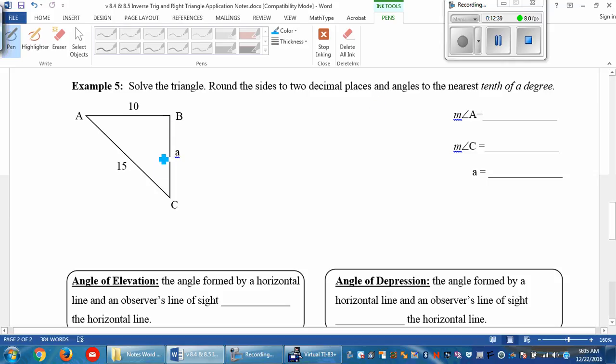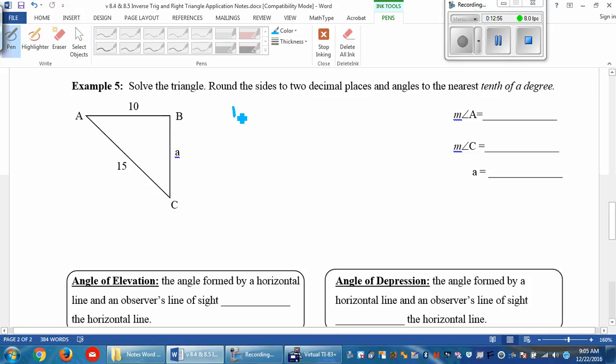Once again, Pythagorean Theorem. Okay, this should have a right angle in the corner. I don't know why, but it's missing. So what do we have here?